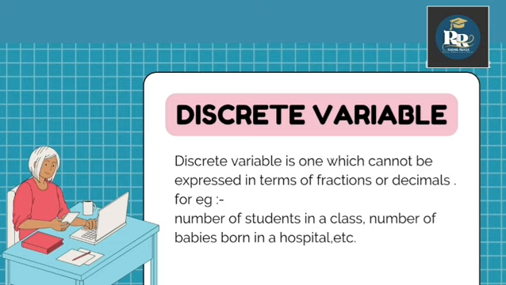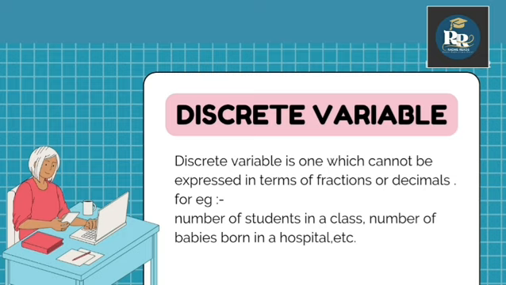The discrete variable is the one which cannot be expressed in terms of fractions or decimal. For example, the number of students in the class, number of babies born in a hospital, number of bacteria found on the surface, or number of heads obtained on the two throws of the coin.